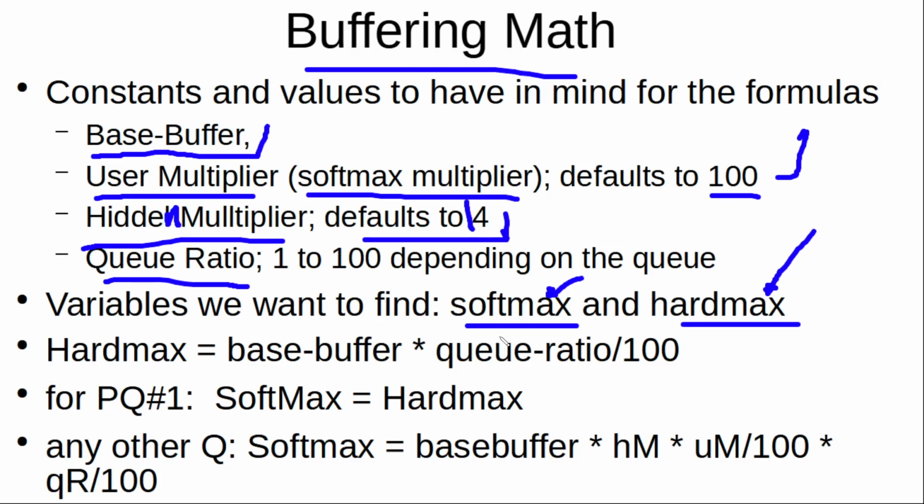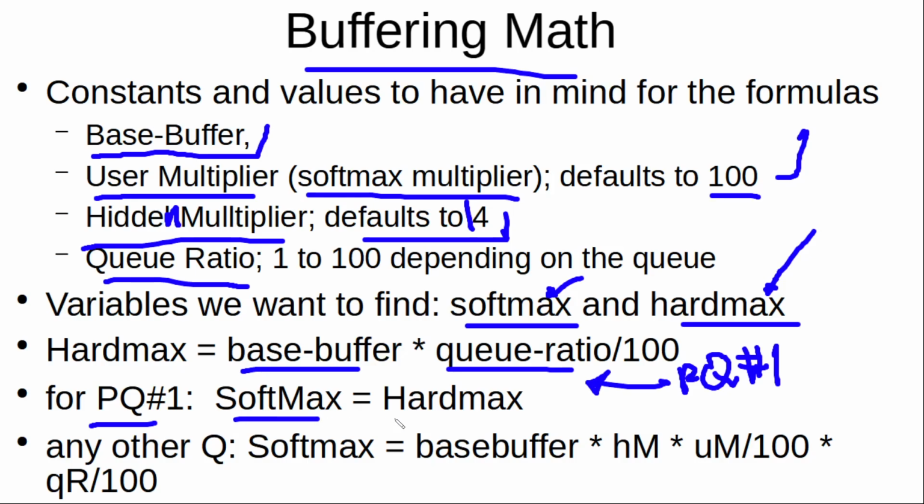To calculate HARDMAX, we multiply the base buffer by the Q ratio, the one you configured for your priority queue number 1. And for priority queue number 1, SOFTMAX will just be equal to HARDMAX.